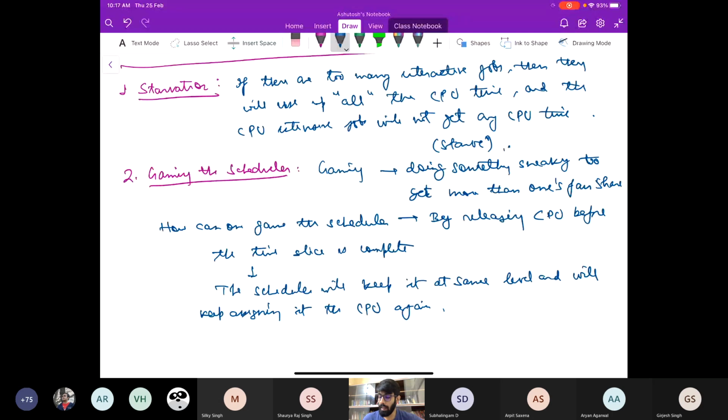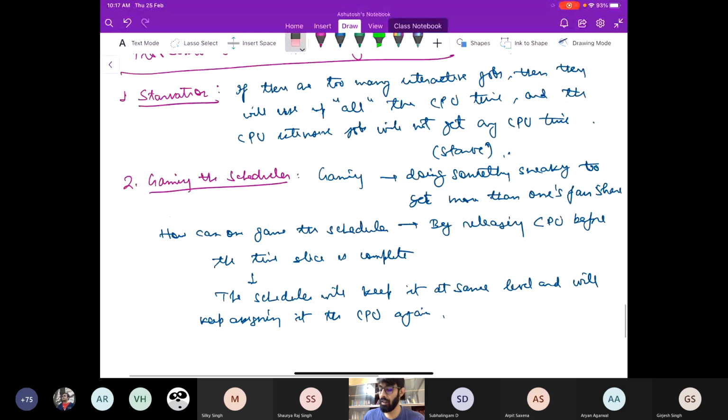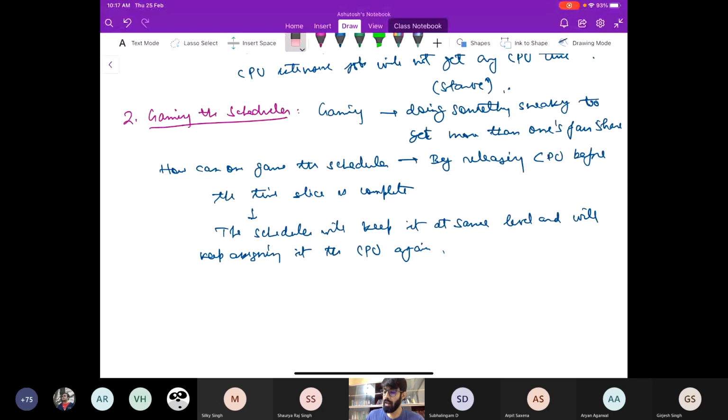So if you use something like 99% of the time slice, then basically you are using most of the CPU time. Okay. So this is another problem with the current scheduling policy.